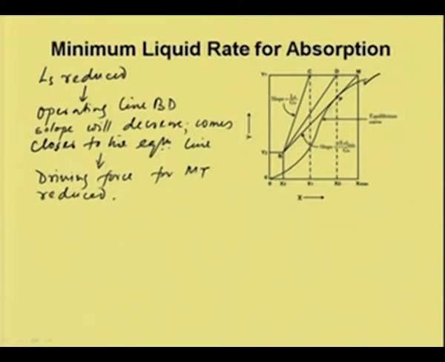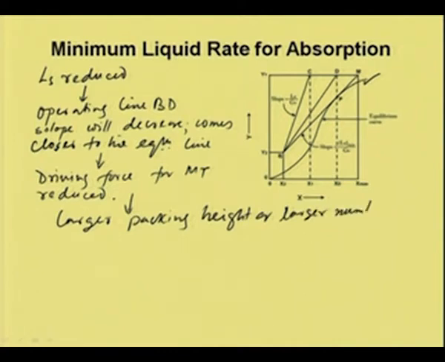So, what we need, if the driving force is reduced, is a larger packing height or a larger number of plates for a given separation. But how long can we reduce the liquid flow rate? We cannot reduce the liquid flow rate indefinitely.